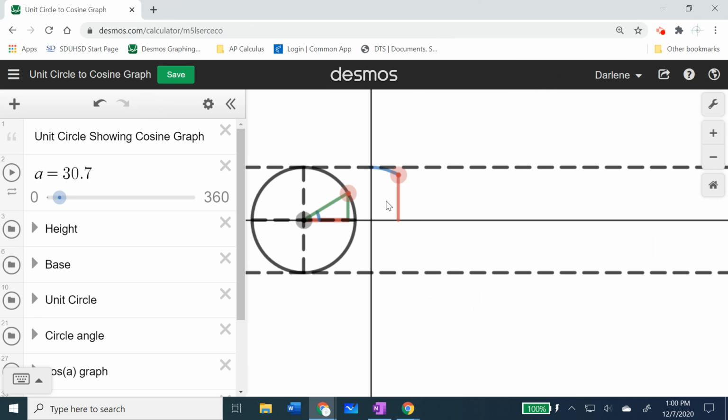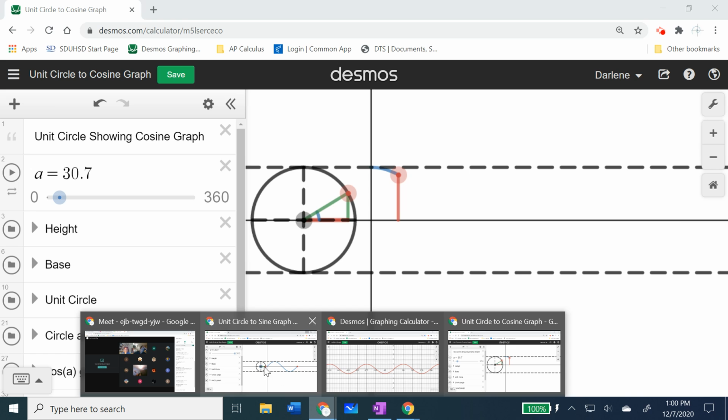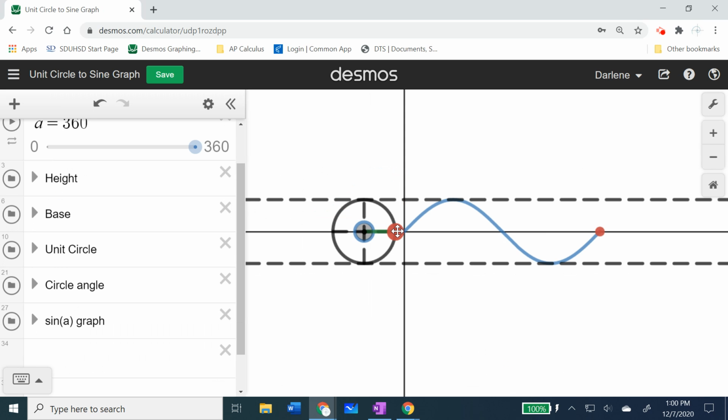What's different with cosine is this time, notice that the red is horizontal on the unit circle. Let me show you the difference. On this circle, the vertical was the red length, and it was matching this red vertical distance. Sine is easier to see because you're transferring something vertical to something else vertical.